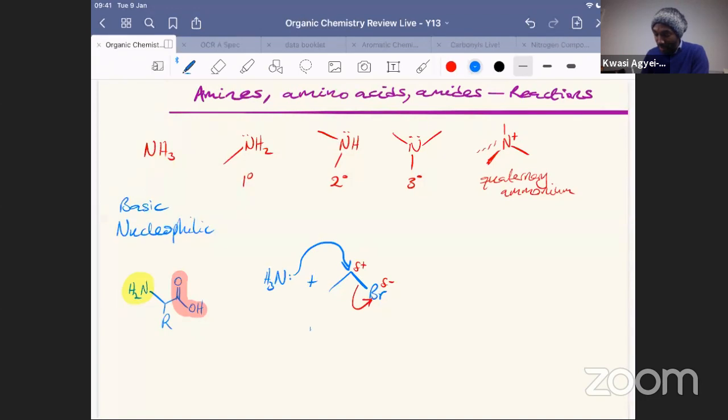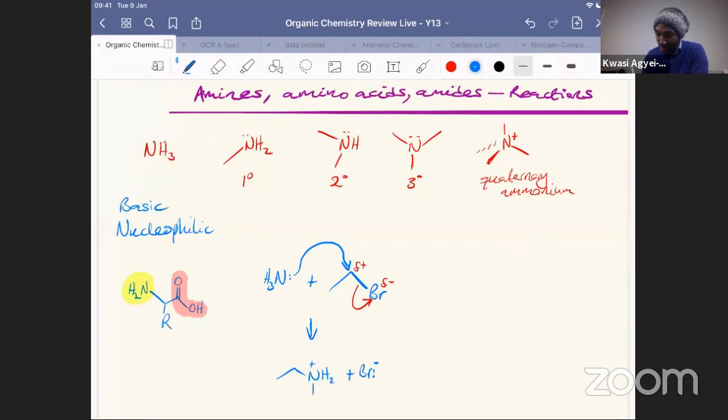So you've got, as a result, okay, so that's your ammonium species. Now, if we draw that to show one of the hydrogen bonds, so that we can do the rest of the mechanism.